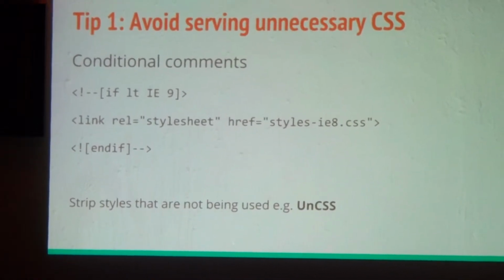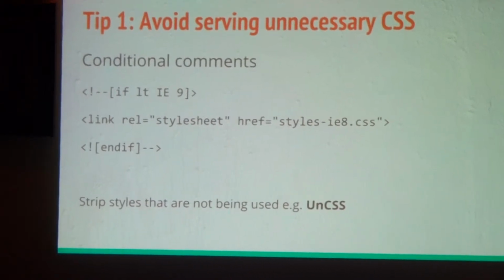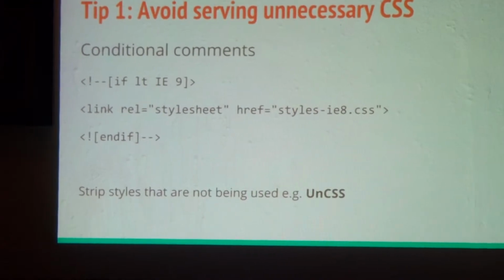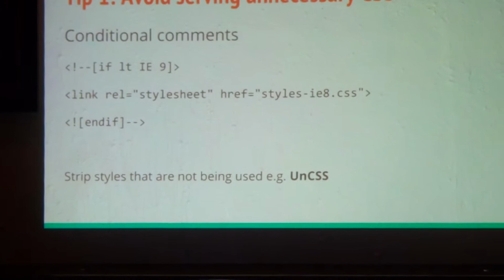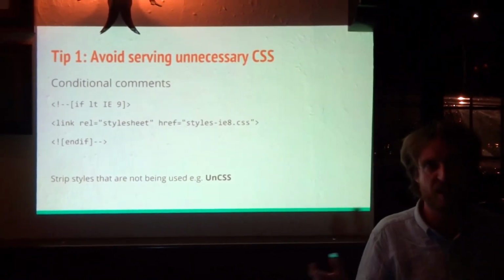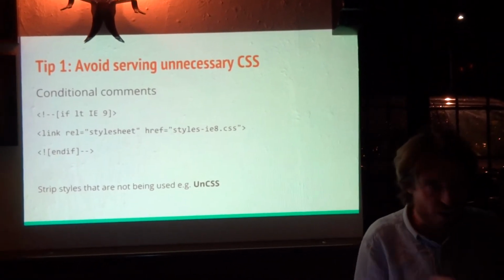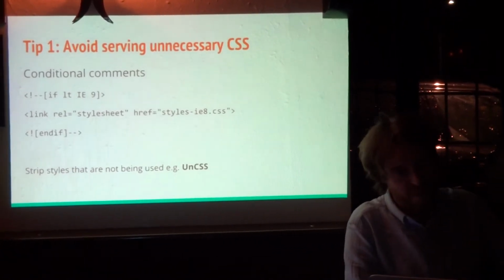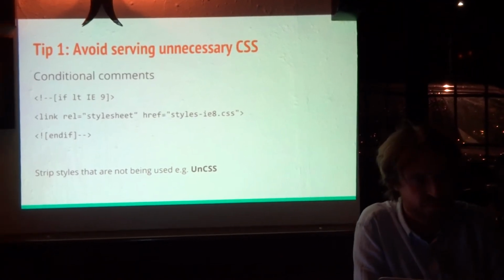So you can just tell IE9 to only load a subset of your styles, and that means that people who use that browser won't have to download everything. There's also this really cool utility that fires up your website in a headless browser. It determines which styles you're not using in your style sheets, and it will just knock those out for you, so that you can commit a really minimized version of your CSS, and it will just trash all of the stuff that you're not using.